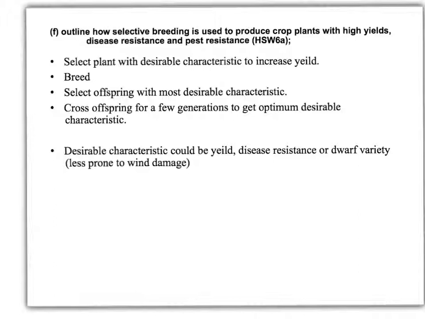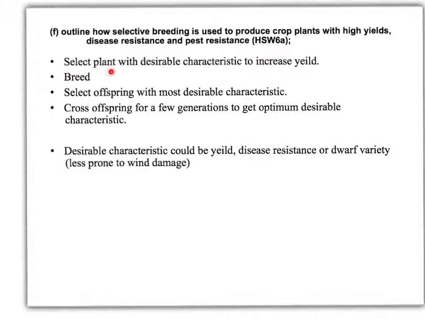This slide looks at selective breeding in plants, and how selective breeding can be used to produce plants which have high yields, but also plants which are disease resistant, and plants which might be pest resistant too.